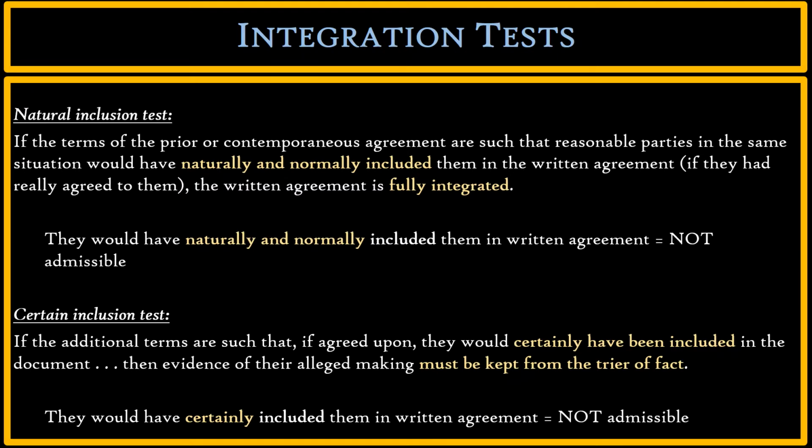It would admit more prior or contemporaneous agreements, at least theoretically. I don't know that a judge could actually make a distinction between the two in practice. But theoretically, the certain inclusion test should admit more prior or contemporaneous agreements than the natural inclusion test.